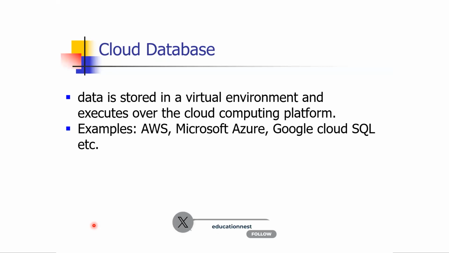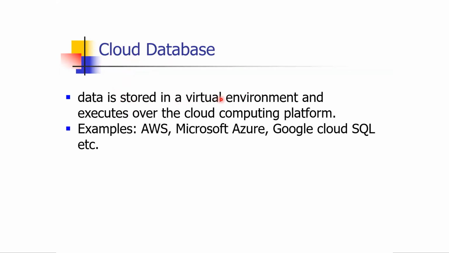Getting my point? Okay. See here, cloud means it's a virtually created environment. Data is stored in a virtually created environment. Cloud means data is stored virtually. So in the current technology, current demand, clouds are at the height. There's a lot of importance of cloud.